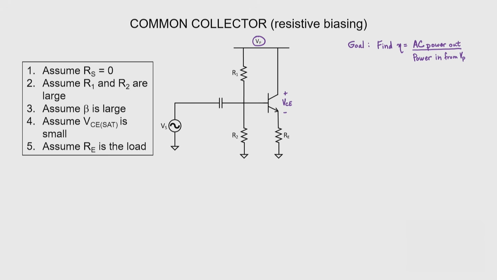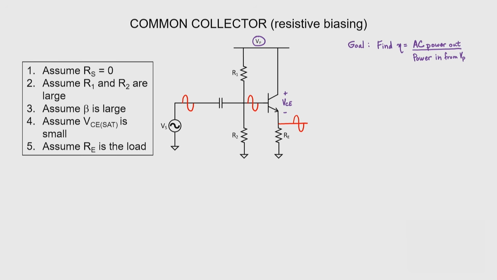Let's assume that we have a purely AC signal and this capacitor is large. The signal without any source resistance will then just appear at our base with an appropriate DC offset. If everything is going well, that signal will then appear at our emitter as well.